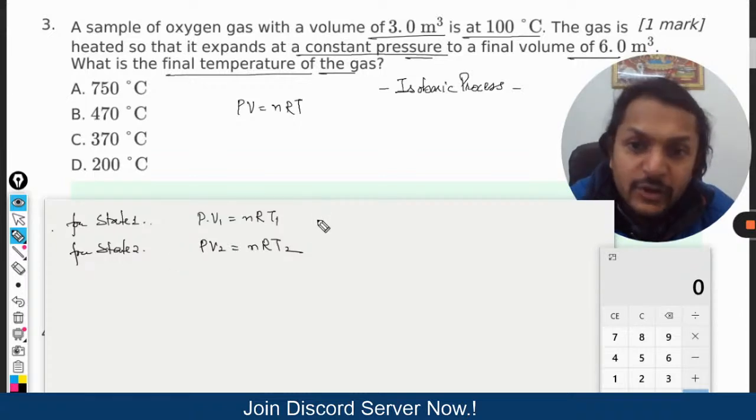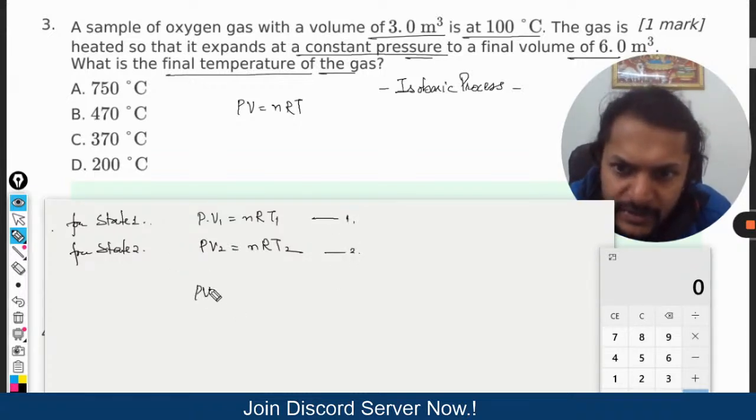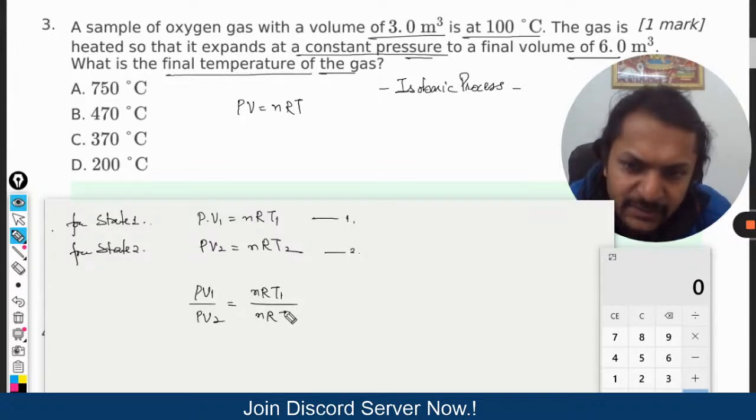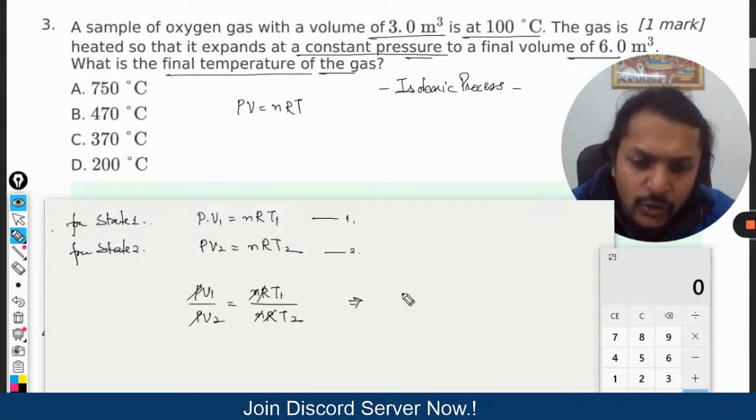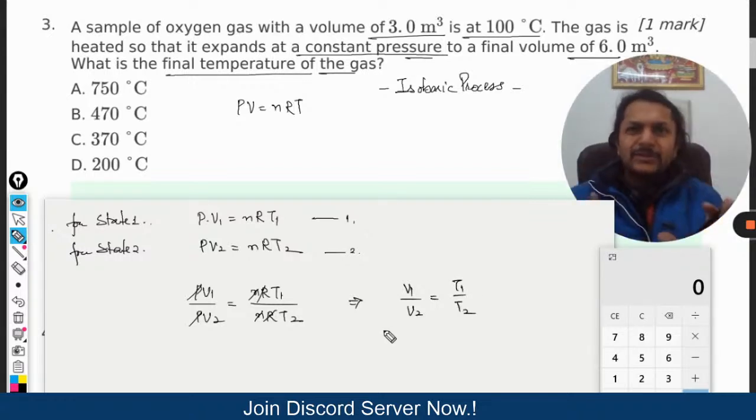And now what we do is we just divide these two equations by each other. So PV1 divided by PV2 is equal to nRT1 divided by nRT2. And all these things will get cancelled out because they are not changing. So we reach this equation, which is quite simple to solve.